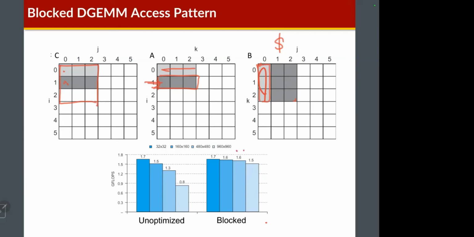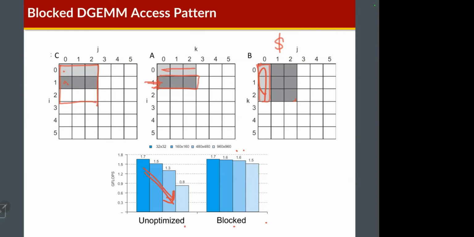If we apply matrix multiplication using the unoptimized algorithm, as you can see, the performance is degraded as the matrix size is increased. It's dramatically decreased.